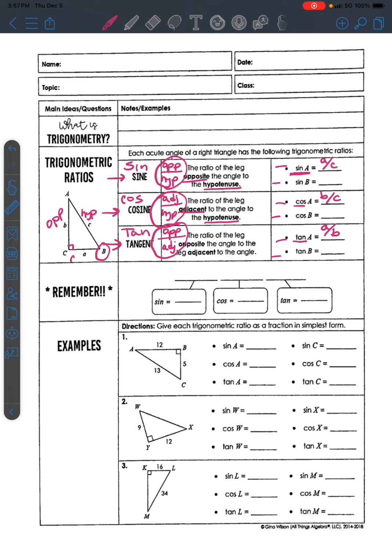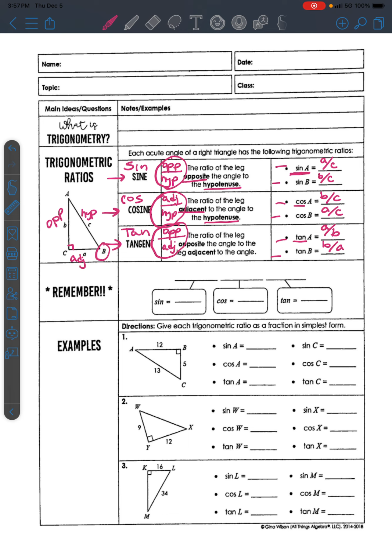And my adjacent would be the leg that does touch. So the sine of B is opposite over hypotenuse, lowercase b over c. The cosine of B would be adjacent, lowercase a, over c. And the tangent is the opposite over the adjacent.